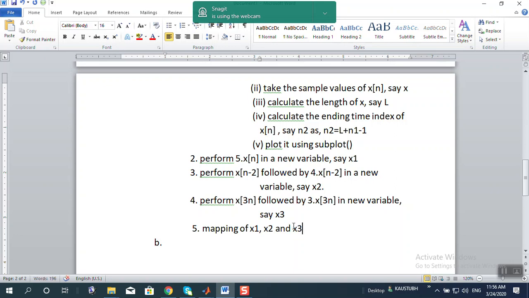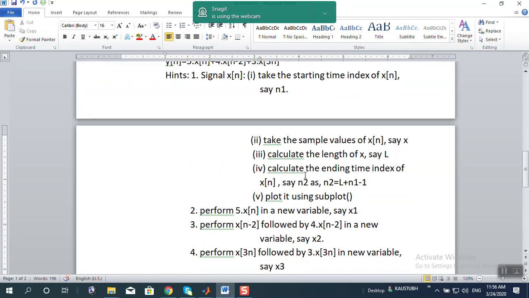So how will you map? First you need to find out the starting time index. Find the minimum of the starting time index of x1, x2 and x3.